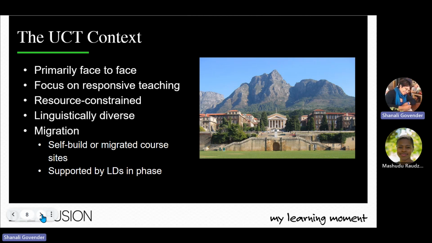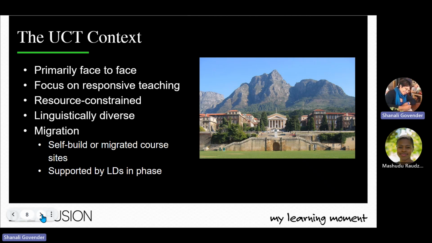Undergraduates do have exposure to various kinds of technologies, but those are largely mediated by face-to-face lectures and tutorials, and students will, to a large extent, use the learning management system and other tools in the UCT educational technologies ecology to support learning that happens in face-to-face spaces.